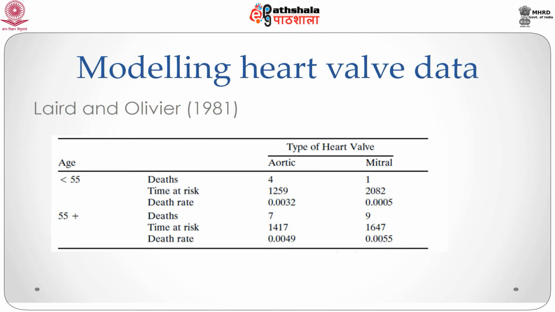So to make them identical, we are going to standardize by this measure of size, which in this case turns out to be duration of follow-up. This is typically denoted in the literature as the time of risk.